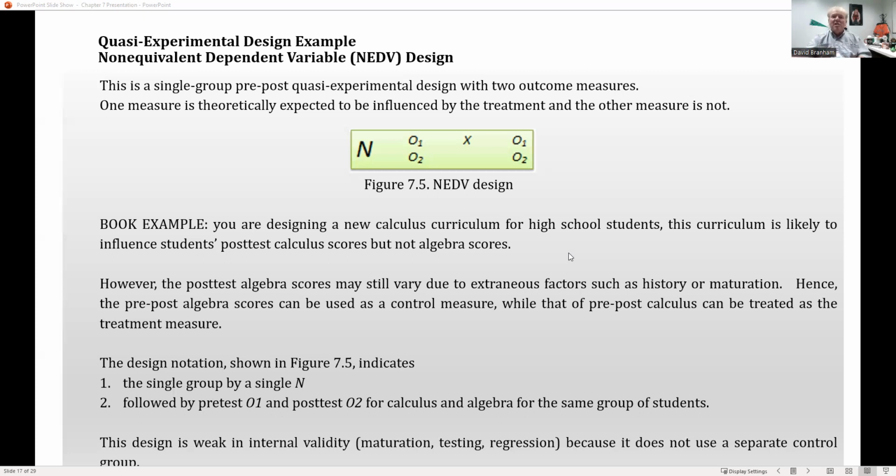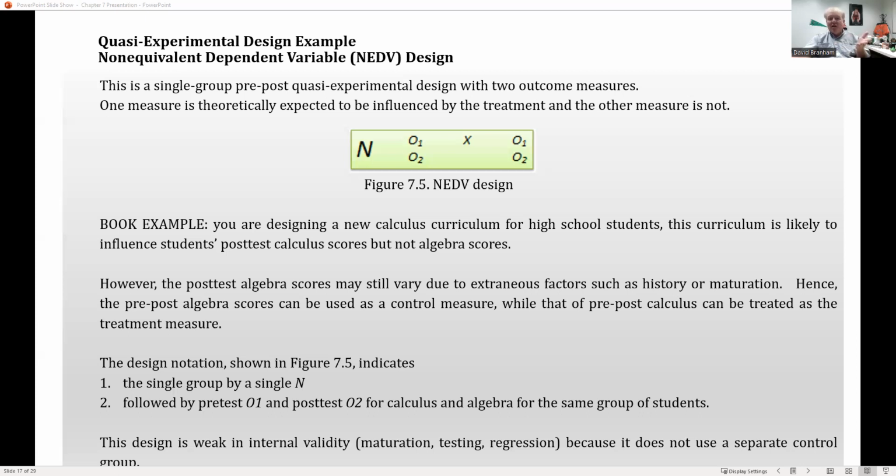The design notation in 7.5 indicates that there's a single group, and that's N. So each group is a single group. One's the calculus scores, one's the algebra scores, followed by a pretest, O1 and O2, and then a post-test, O1 and O2.